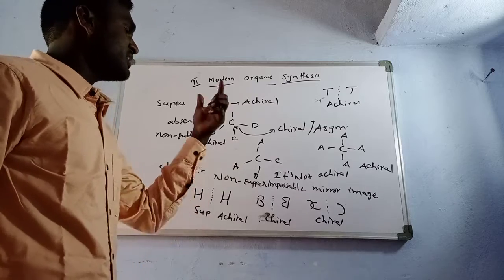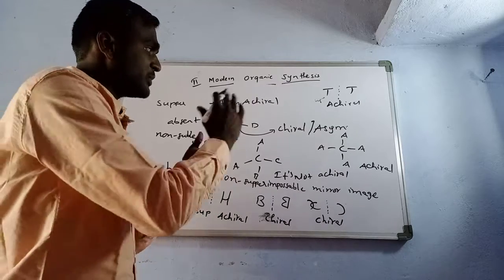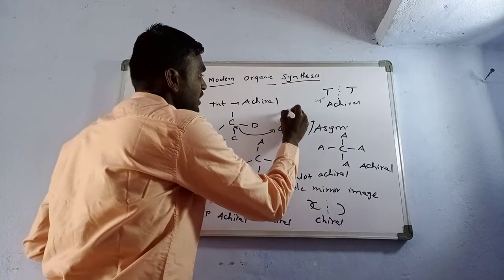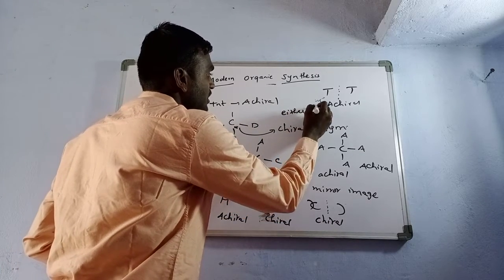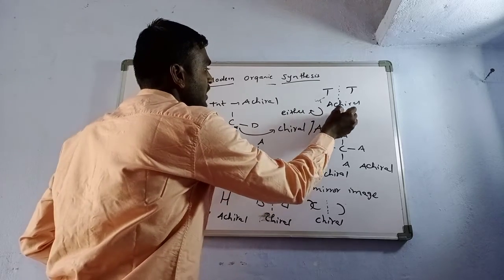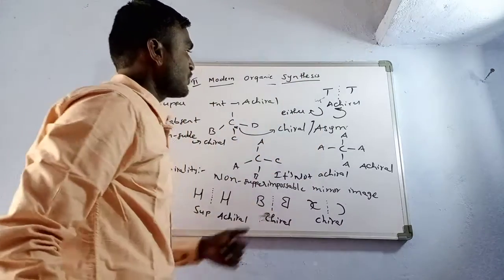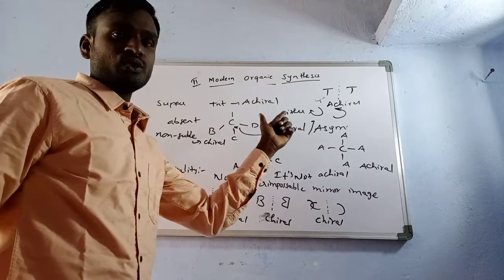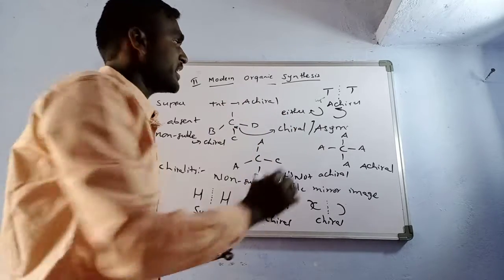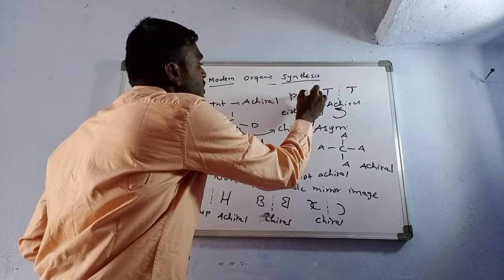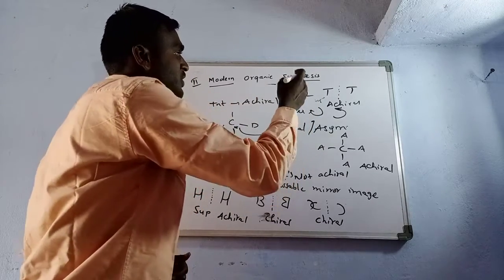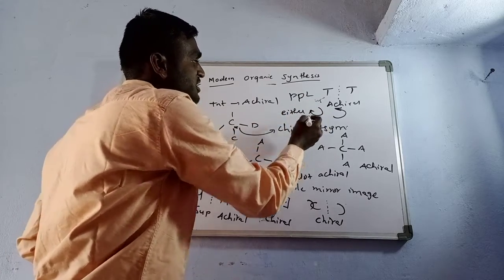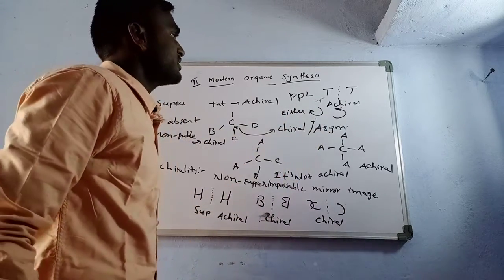That means a chiral molecule can rotate plane polarized light, the PPL light, either in a clockwise direction or an anti-clockwise direction.